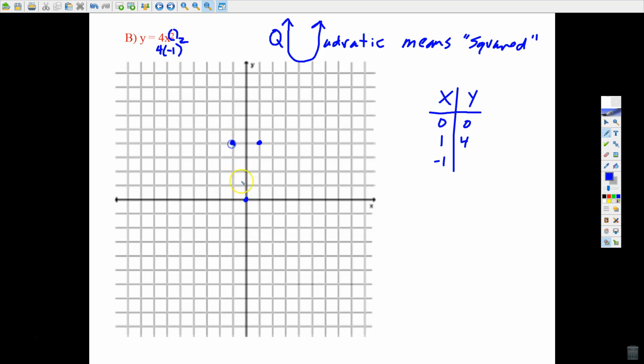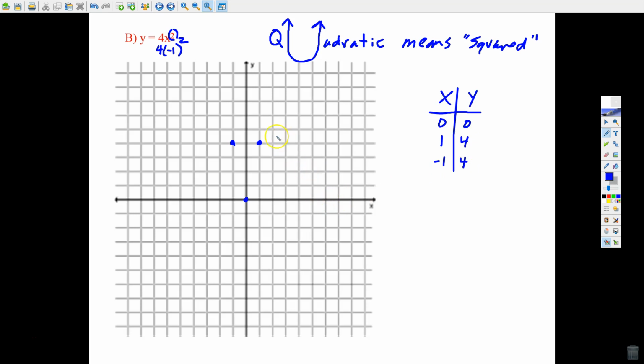So I got the same result as an output for both 1 and -1. Well, that tells us something. It is a function, but it can't be one-to-one, right? Because I can't have any repeats in the y's in order for it to be one-to-one.